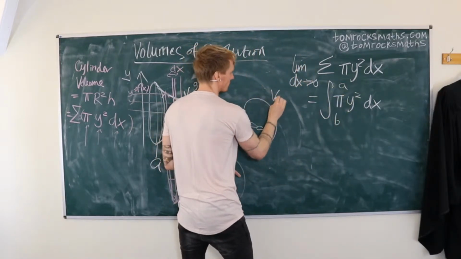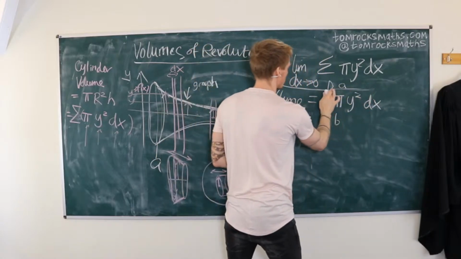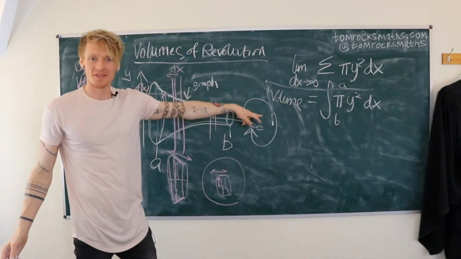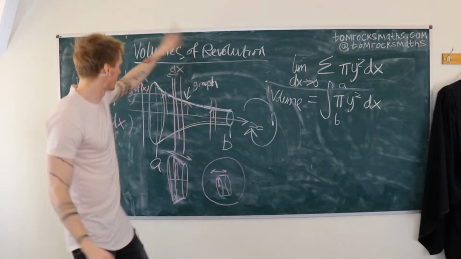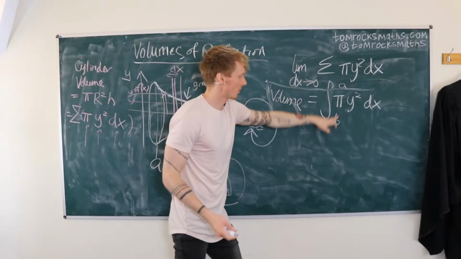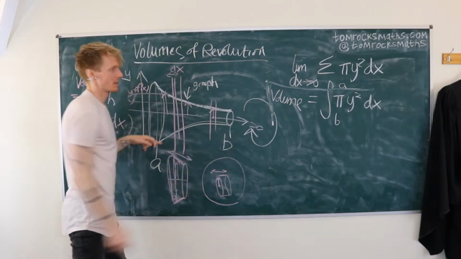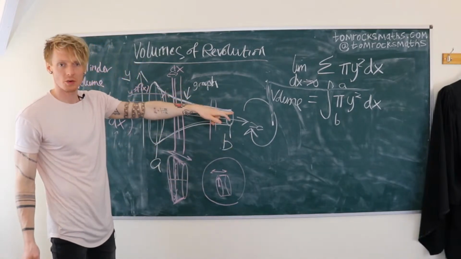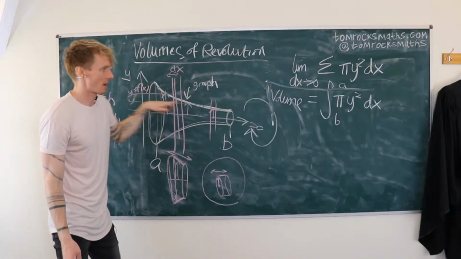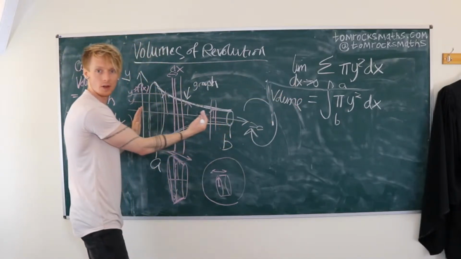So the volume of a surface of revolution is equal to the integral from a to b in the x direction, along our graph, of pi times the radius squared, where the radius is the value y, the actual function of our graph, and then we have the dx, because we're adding all of these up over the length of the whole thing.